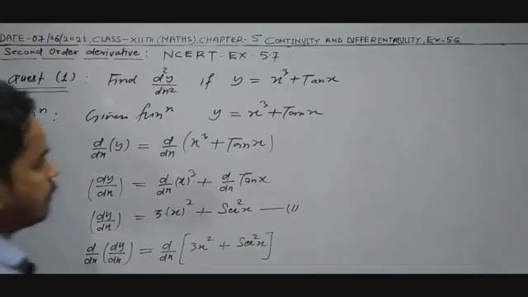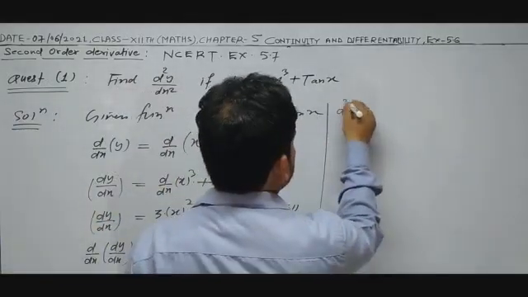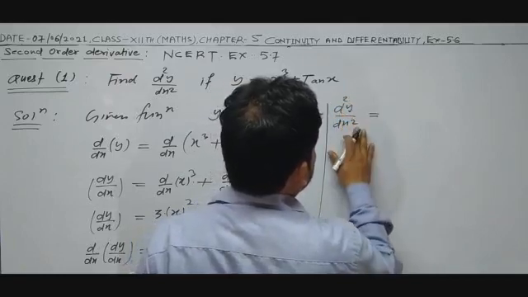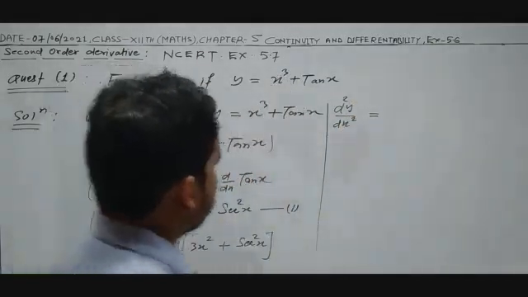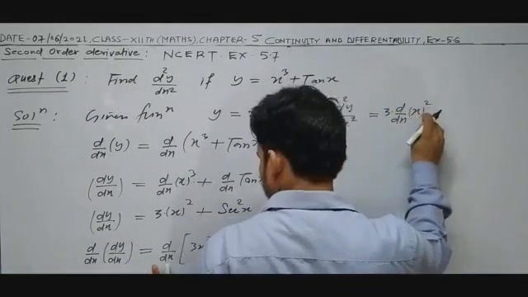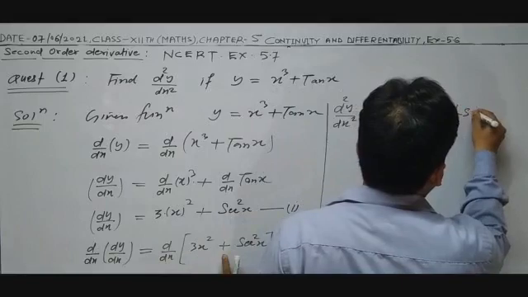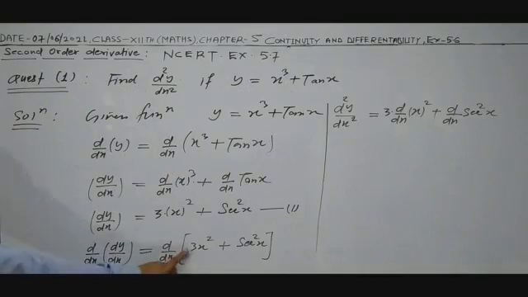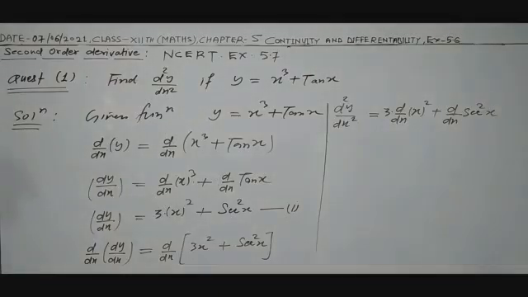So what will you get as the result? The result is d by dx of dy by dx, that is d2y upon dx square, is equal to 3 times d by dx of x square plus d by dx of sec square x. I have taken 3 outside the d by dx because this is a constant term.